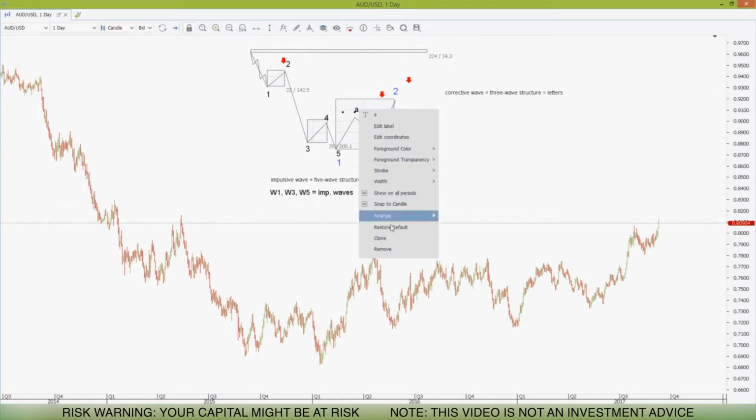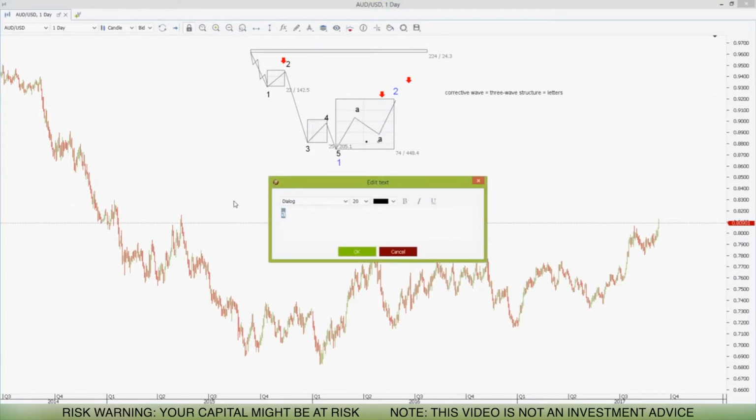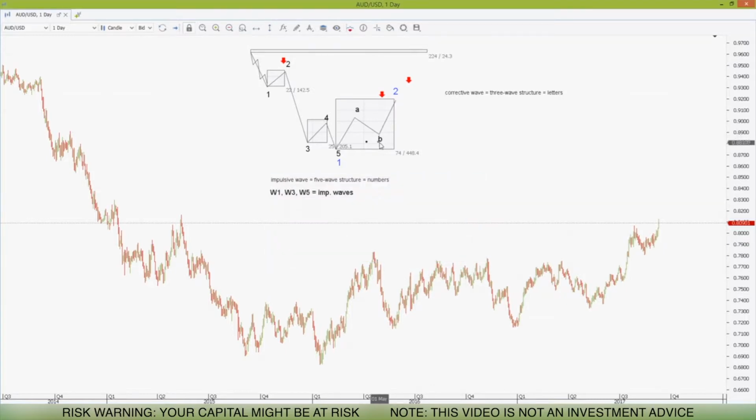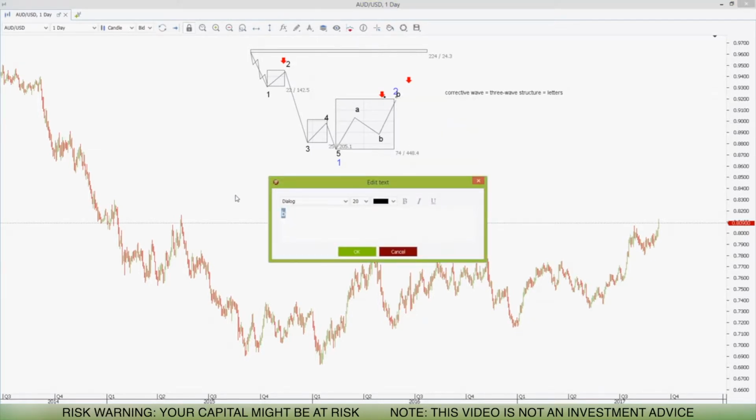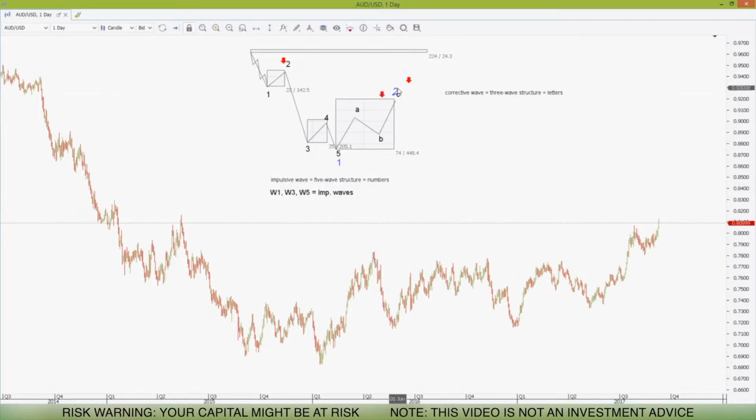This is A, B, and C. A, B, C. Let's arrange them a bit. Therefore, in black, 1, 2, 3, 4, 5, corrected with A, B, C. That's an Elliott Wave cycle.